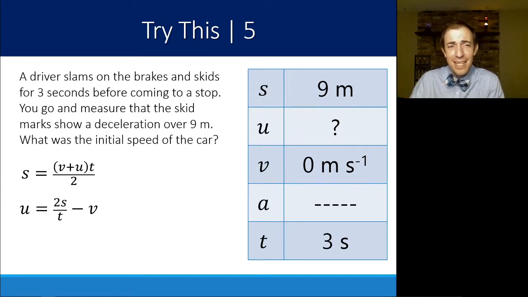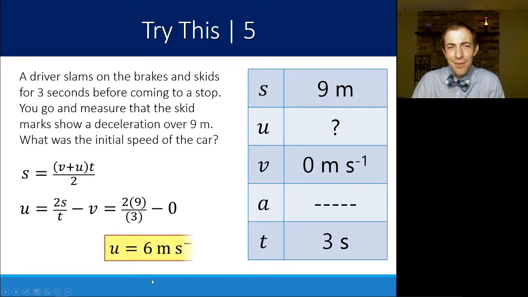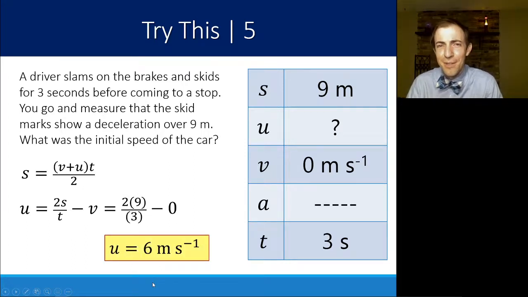And plugging in my variables for what I know, I know that s is 9, t is 3, and the final velocity is just 0. So 2 times 9 over 3 is 6 meters per second.